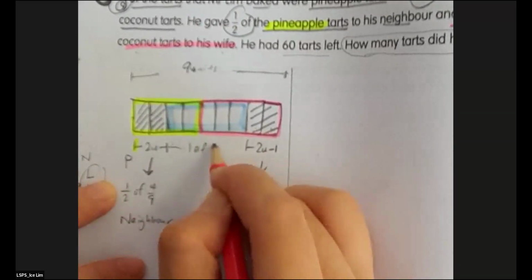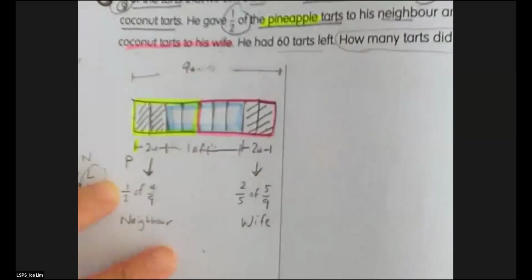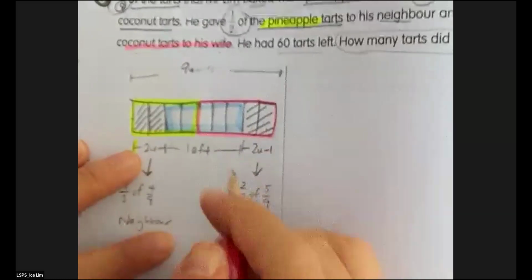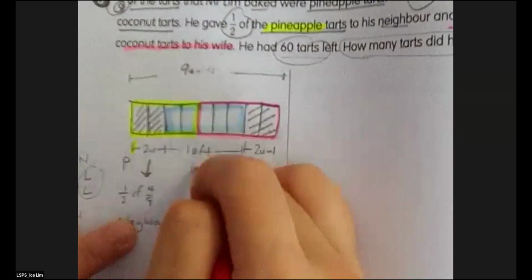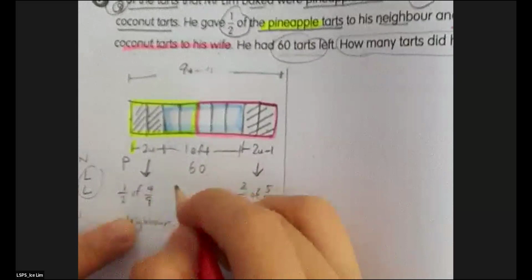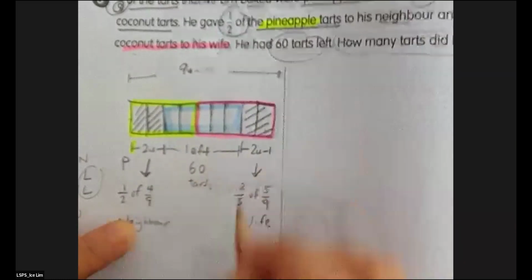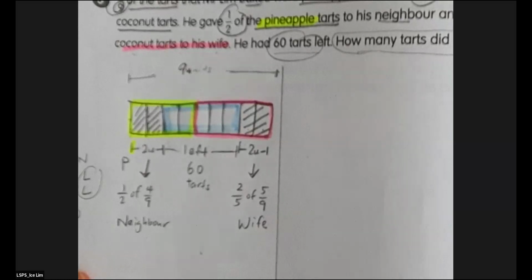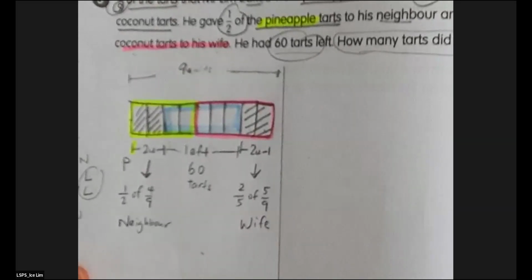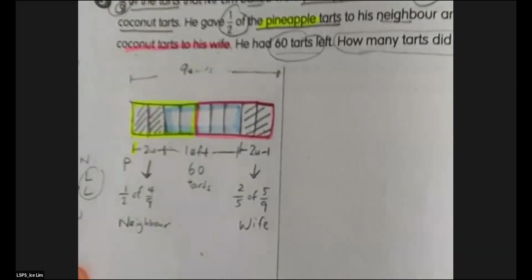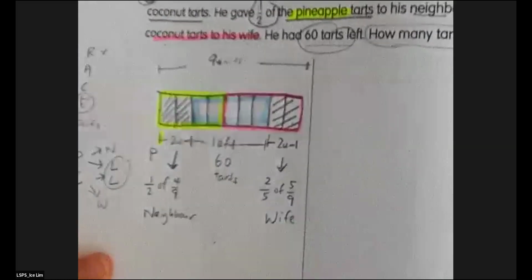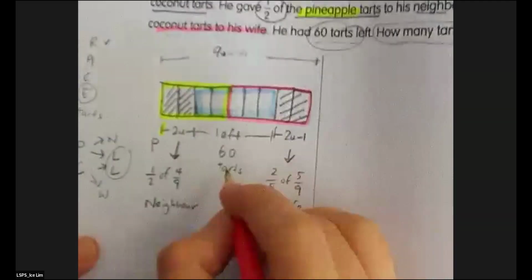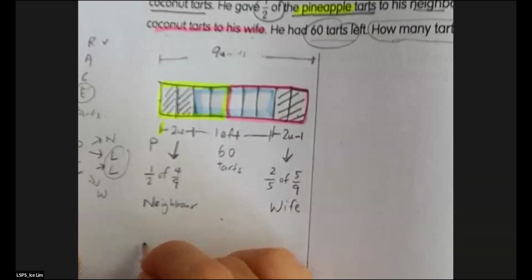All these are left. This is left, this is 60. Correct. You're all the way already. Excellent. Very good. You see, Christabel says once she sees it, she knows how to solve it already. So from here you can see the remaining, the left is 5 units.